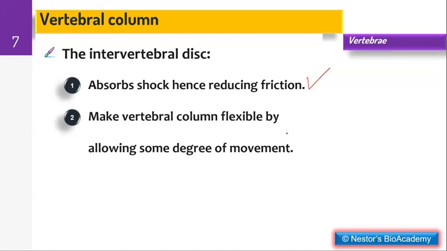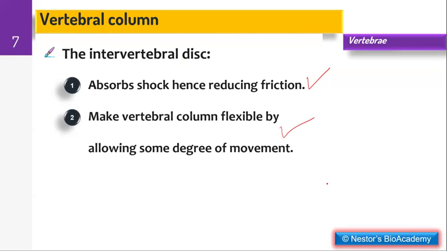Also worth noting is that the cartilage being relatively flexible, it makes the vertebral column flexible by allowing some degree of movement there. So that makes the intervertebral disc, that is the cartilage we find between any two adjacent vertebrae, very important in our human anatomy.